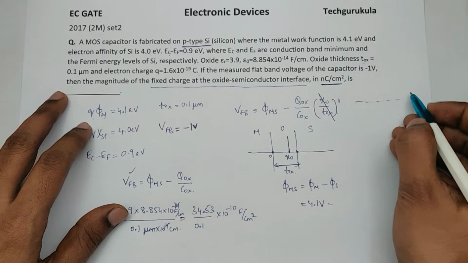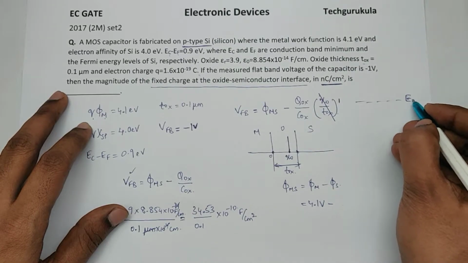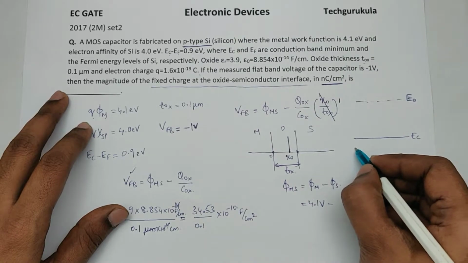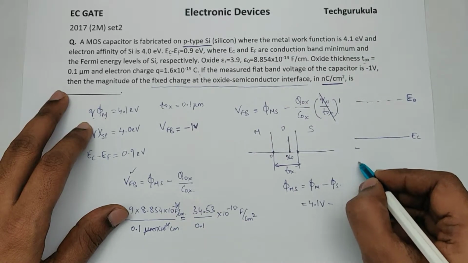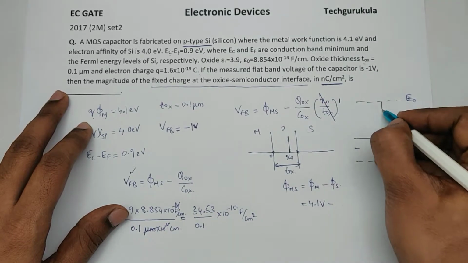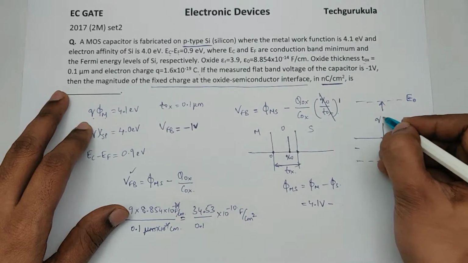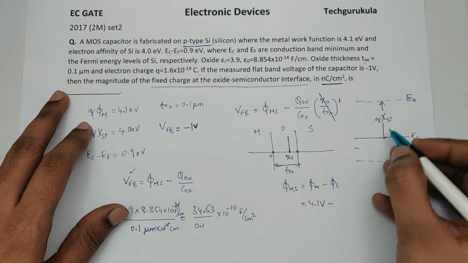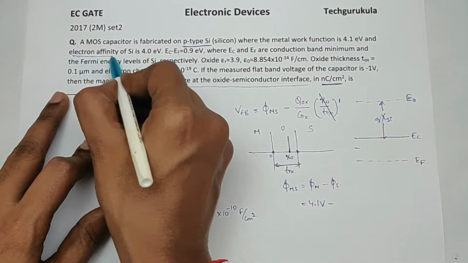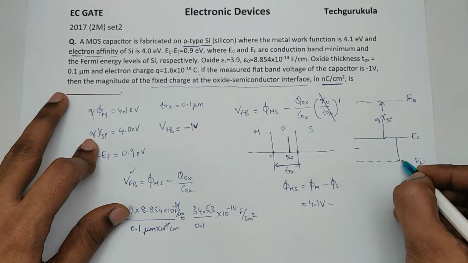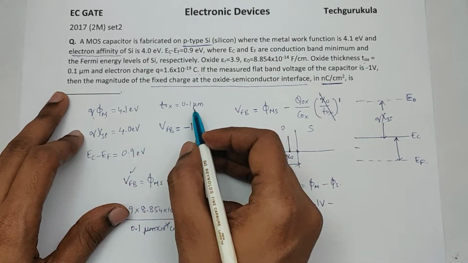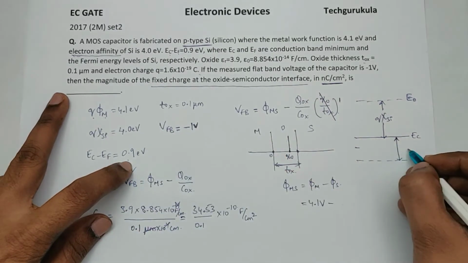Let's say this is the vacuum level E naught, this is EC, and this is EF. The difference from vacuum level to EC is q times chi silicon, the electron affinity, 4.0 electron volts, and EC minus EF is 0.9 electron volts.